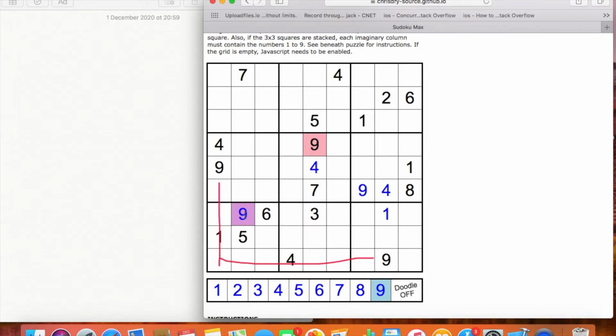That's not allowed. So that 9 has to come out and the 9 has to go there. That means we can now easily place a 4 in this square here.